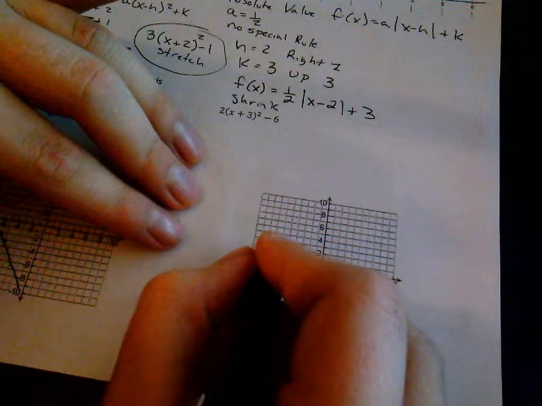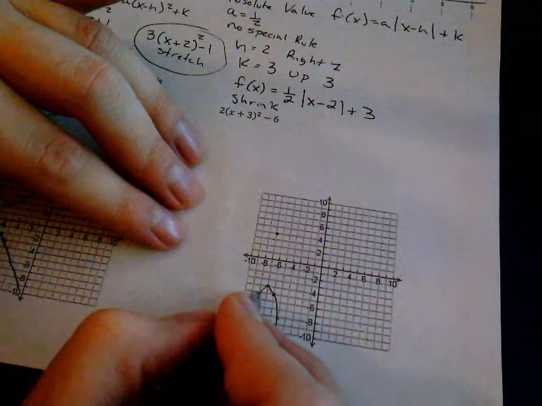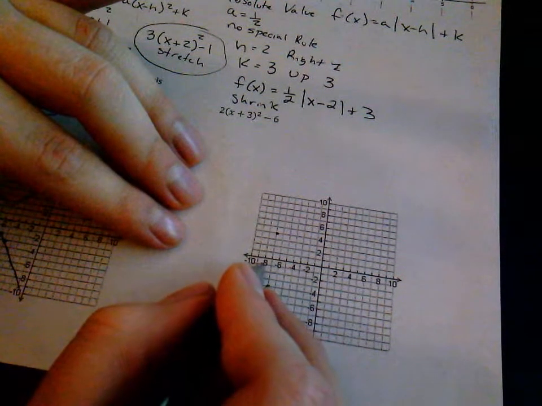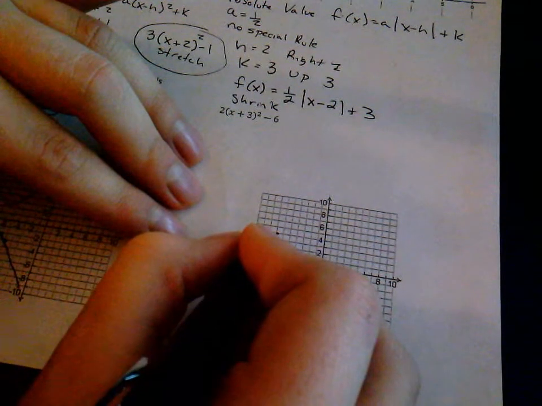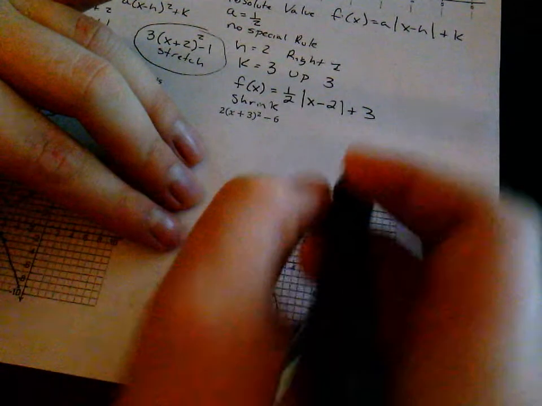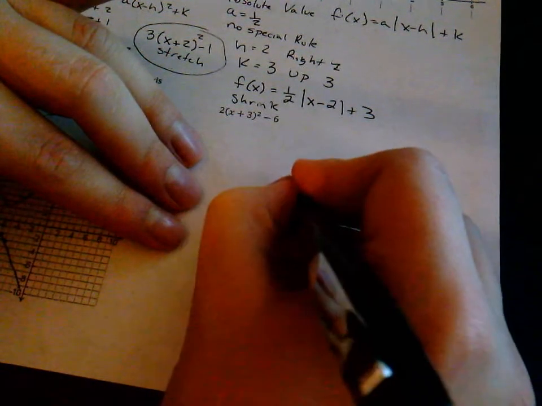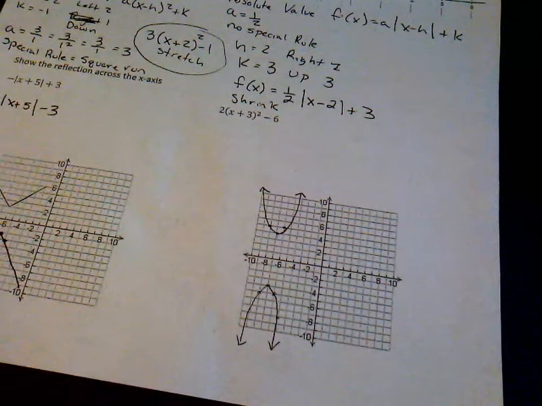So I'm going to count 1, 2, 3, 4 and put a little dot. This is 1, 2, 3, 4, 5. So we're going to count 1, 2, 3, 4, 5. Same with this point, it's going to be 5 away. From there, all I got to do is make my little line, and as you can see, that's what the reflection across the line would be.